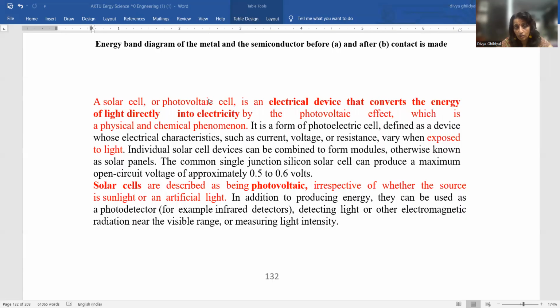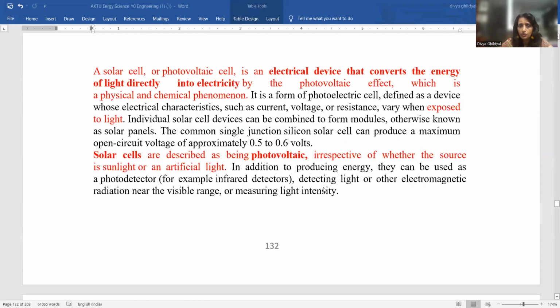When sunlight falls on this photovoltaic cell, it converts it into electricity. So this device, when exposed to sunlight, will convert it into electricity.